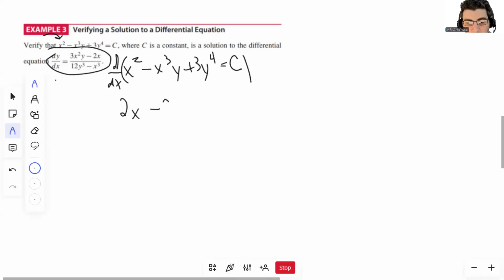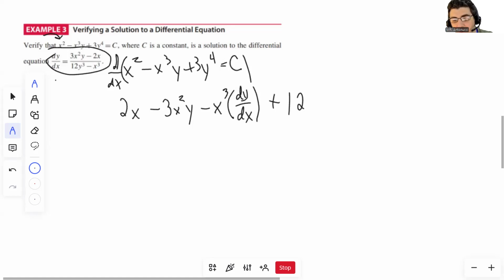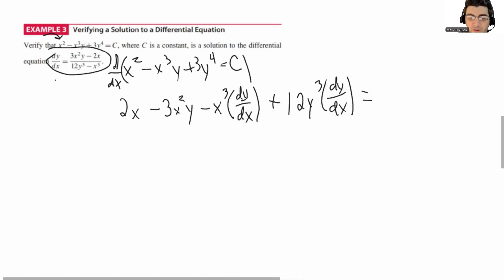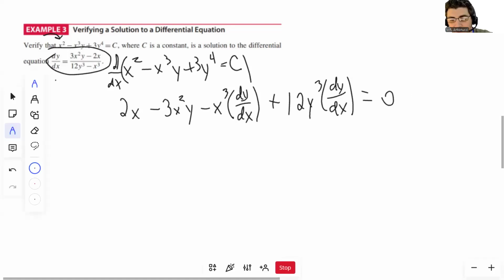So the derivative of the first would be minus 3x squared y minus x cubed times dy dx plus the derivative of 3y to the fourth, which would be 12y cubed times dy dx. And remember, when we differentiate implicitly, you want all your terms with dy dx on one side, all the other terms on the other, factor out your dy dx and solve for dy dx. Okay, so this is going to equal 0 because the derivative of a constant is 0. Okay, so we would have dy dx.